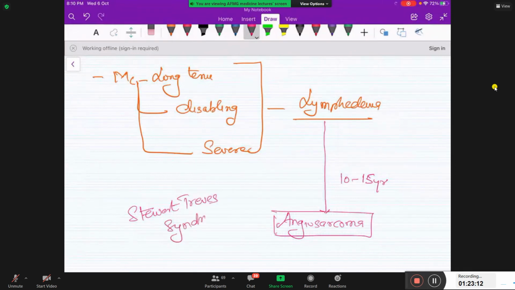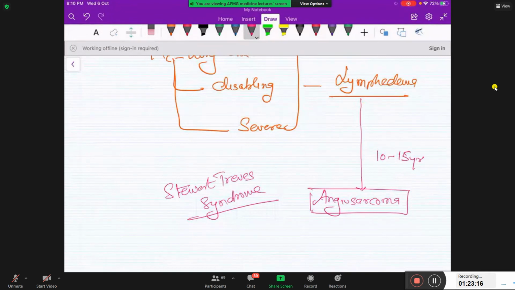This progression of lymphedema to lymphangiosarcoma is called Stewart-Treves syndrome.